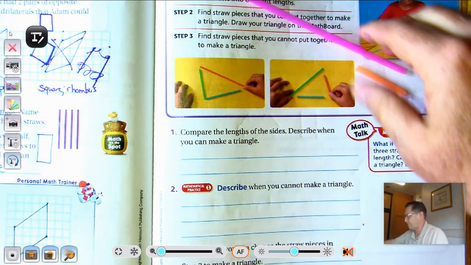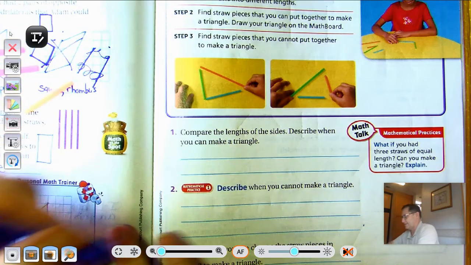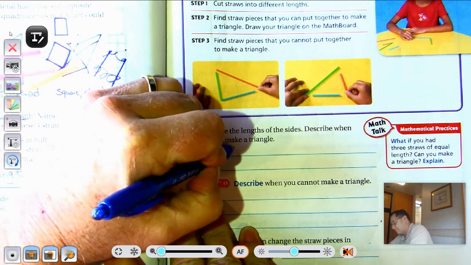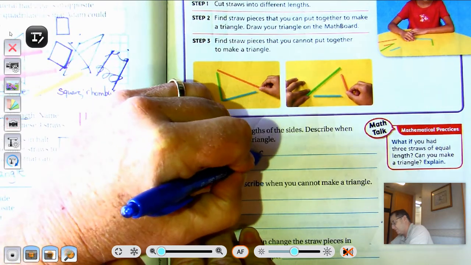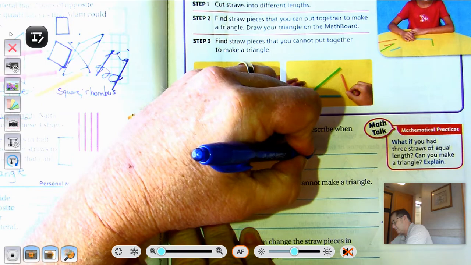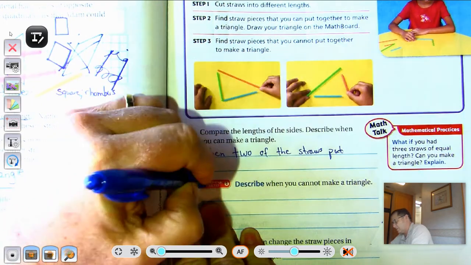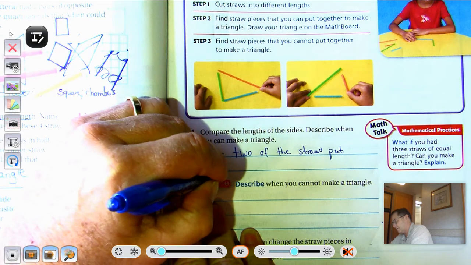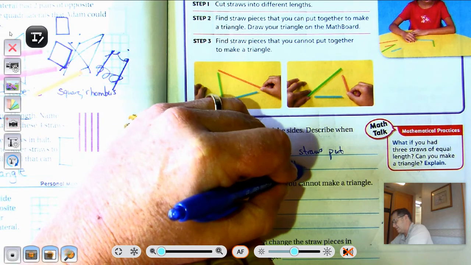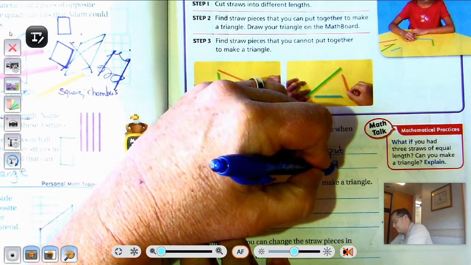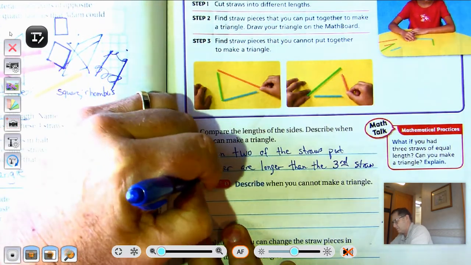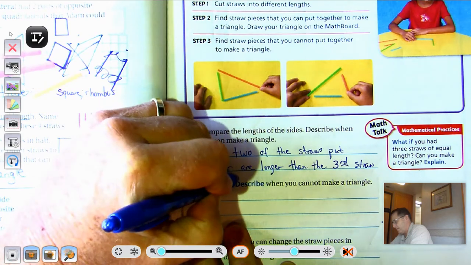So I think our general rule is that when two of the straws put together are longer than the third piece, or the third straw, you can make a triangle.